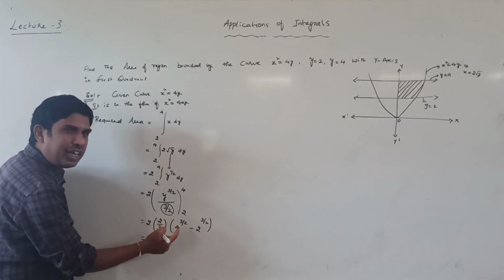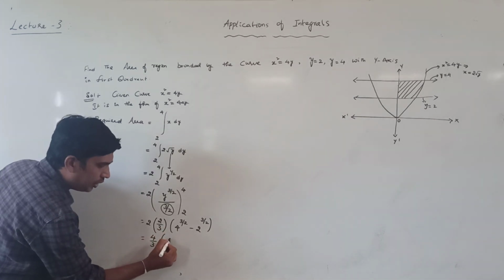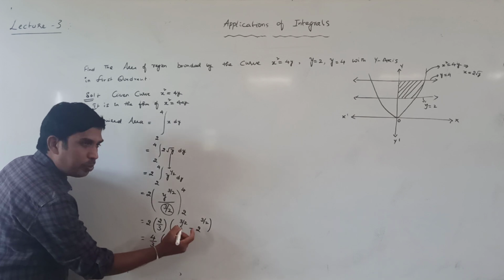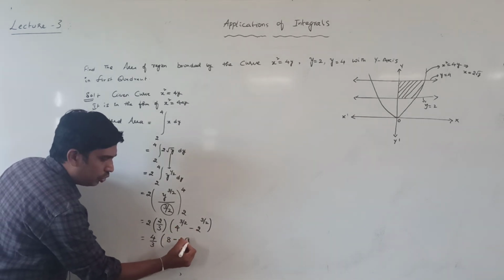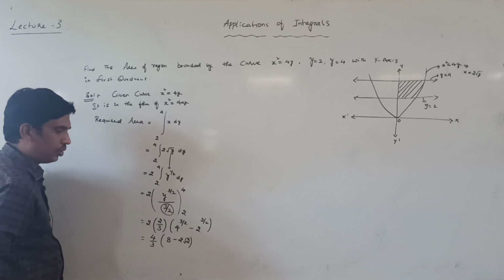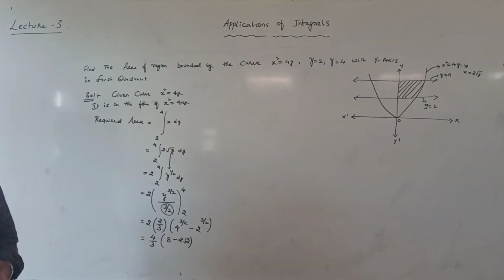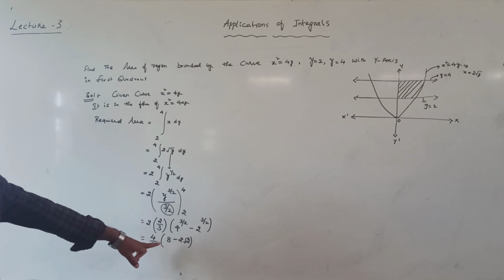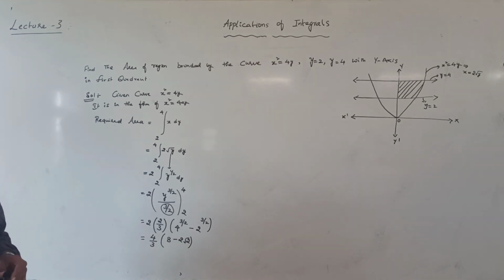In last problem we evaluated 4 power 3 by 2 how much, nothing but 8 minus 2 power 3 by 2 nothing but 2 root 2. So that is the required area 4 by 3 into 8 minus 2 root 2. If you want you can write one more step, simplify, else if you leave also no problem, you will get the full mark.